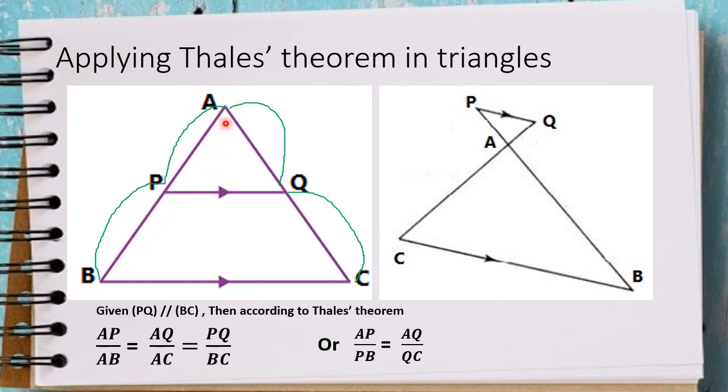So AB is the whole side, and then we are taking a part AQ over AC, which is the whole side, and then we are taking PQ over BC, which is the whole side of the triangle. That's why we are able to take PQ over BC here. But here we are taking AP over PB, so a section of the side over a section of the side, and AQ over QC.